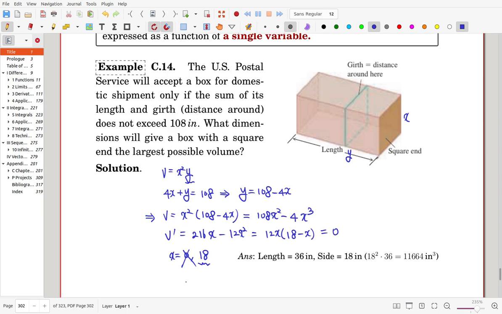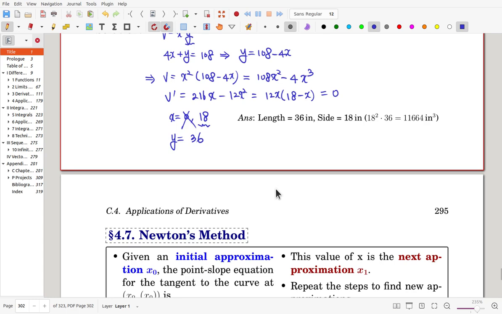Okay, x is 18, then from the equation, 108 minus 72, so the length is 36. Right? Length is 36, and side x is 18. At that moment, the maximum volume is 18 squared times 36. That is the amount.